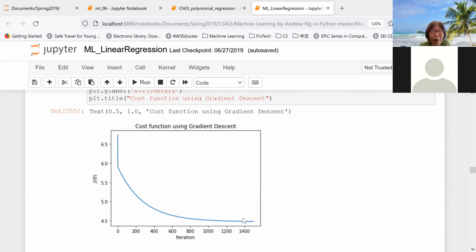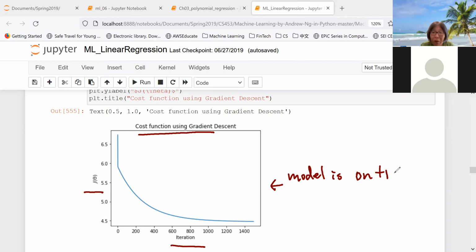And the next one shows us the cost function using gradient descent versus the number of iterations. In this case, we can clearly see this training model is on track, because the cost decreases with the increasing number of iterations, and at a certain point the value changes very little. So this represents convergence.